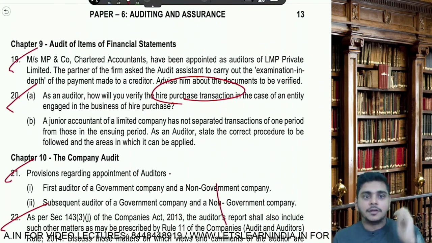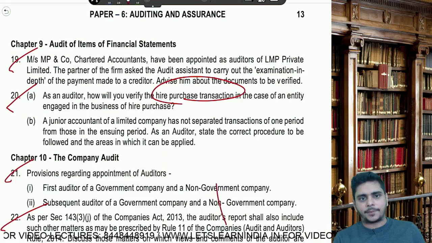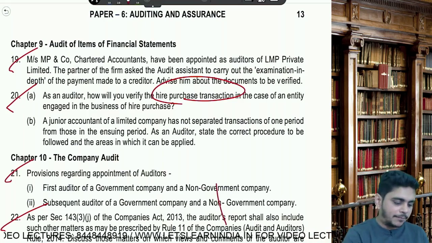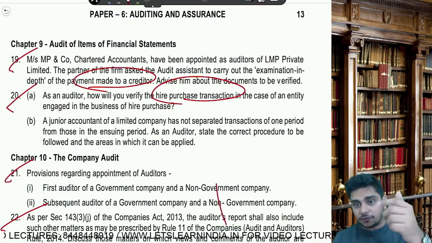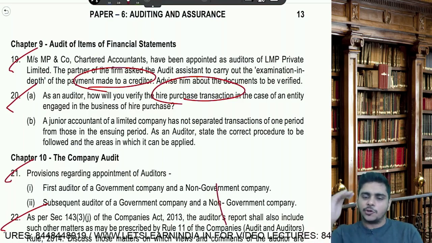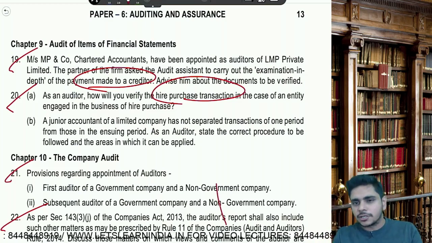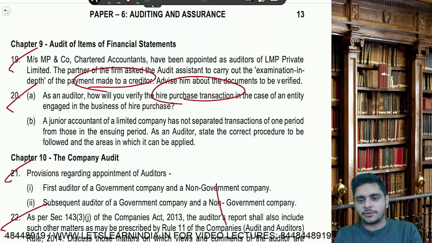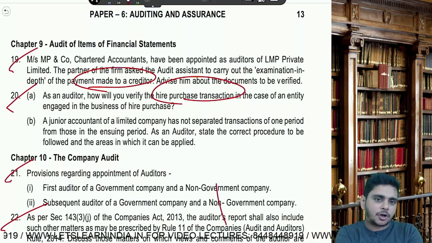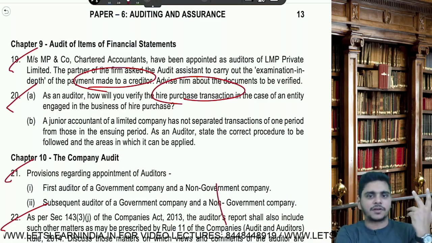19. Messrs. Map and Co., Chartered Accountants, have been appointed as the auditors of LMP Private Limited. The partner of the firm asked your audit assistant to carry out the examination in depth of payments made to creditors. If you remember vouching and verification, they are confused. You have to write basically payment made to creditors: vouching, check bills, invoice, agreement, contract over the current period of time, approved by competent authority, distinguished between capital and revenue expenditure, and recorded in books of accounts.